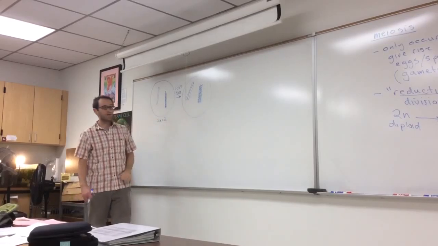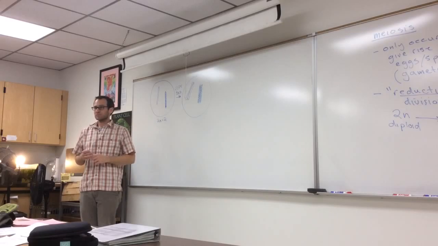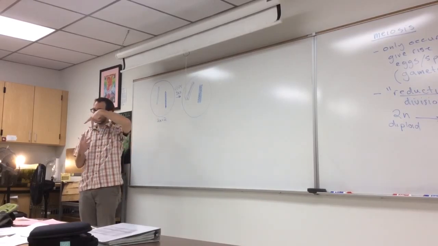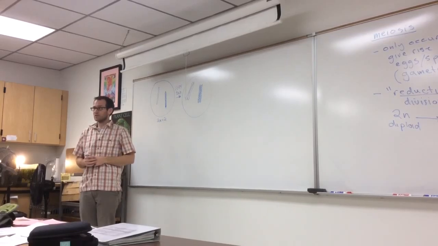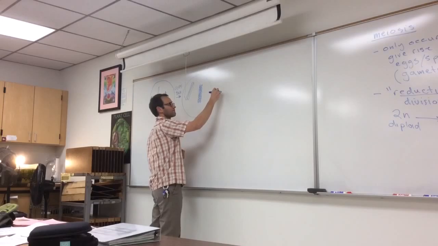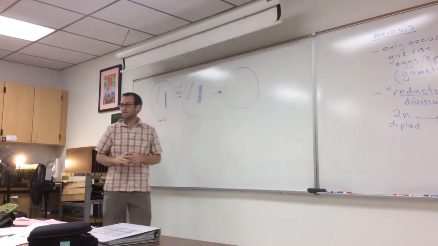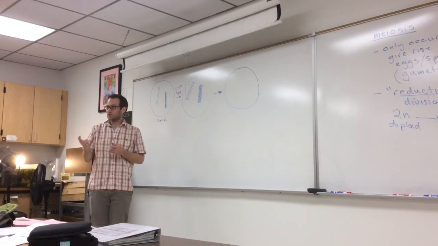Okay. Now, if this were meiosis, what would happen? They would line up and then split apart. But in meiosis, this weird thing happens where they form this structure. It's called a tetrad. And tetrad refers to 4 parts coming together in one.